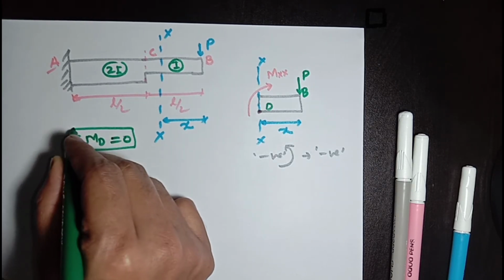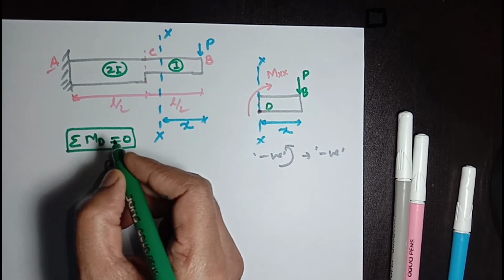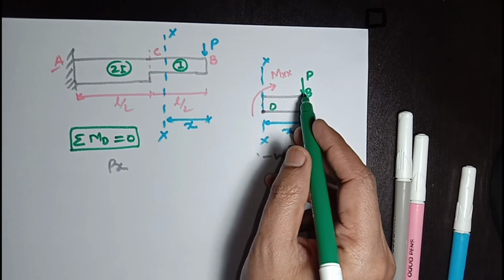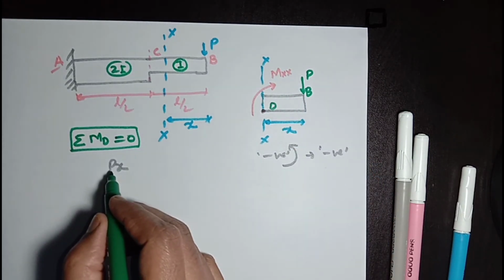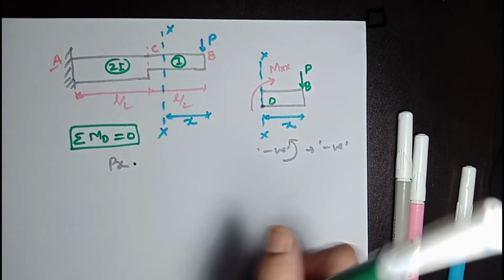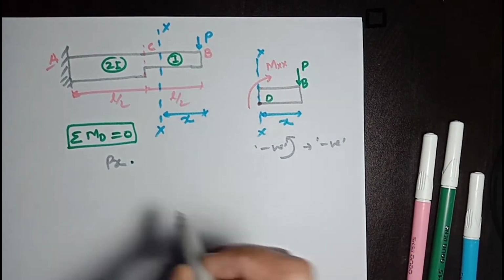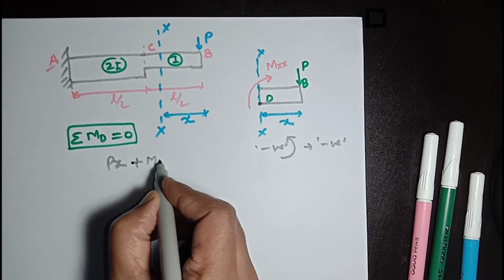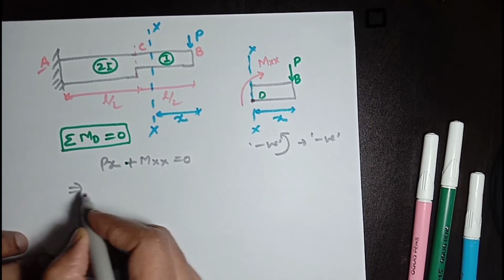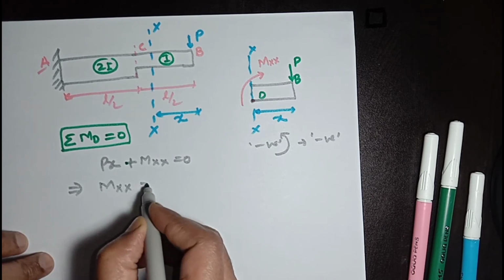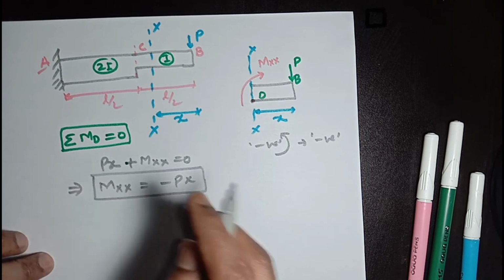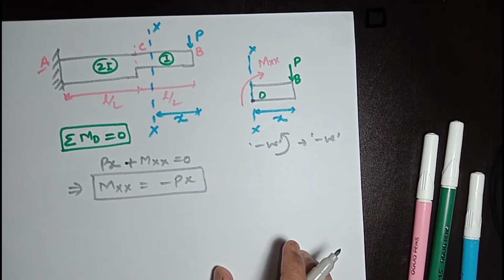This is from the equilibrium condition of moment. Here P is creating a clockwise moment, so we are writing it with positive, and Mxx is also creating a positive moment, so we write Mxx, and it will be 0. Therefore Mxx will be minus Px. This is the general expression for bending moment at any section from point B.